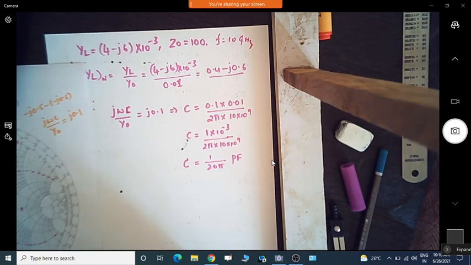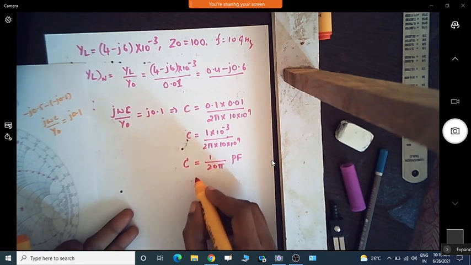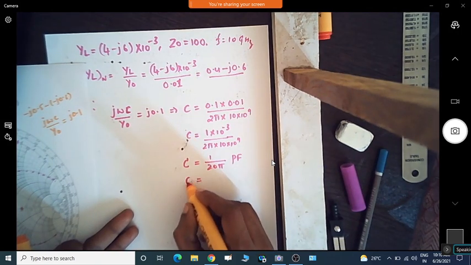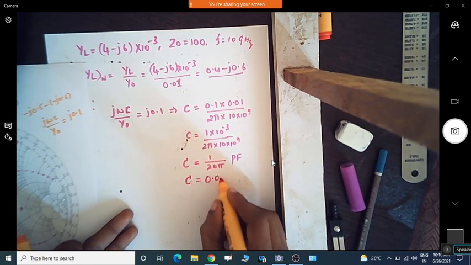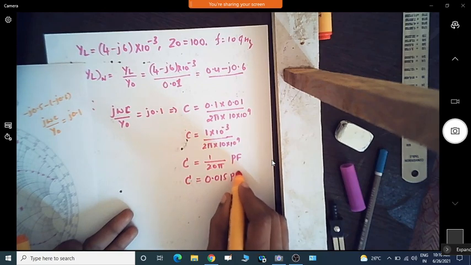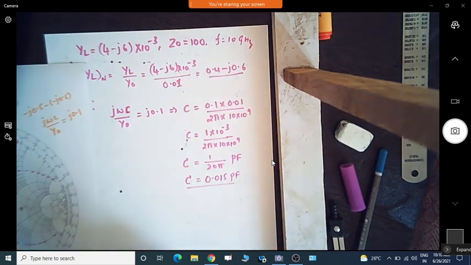It is 0.015 picofarad. So this is the capacitance we got.